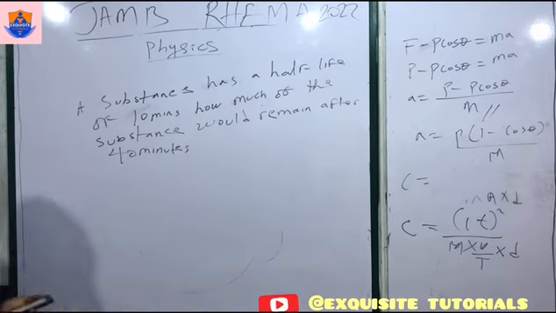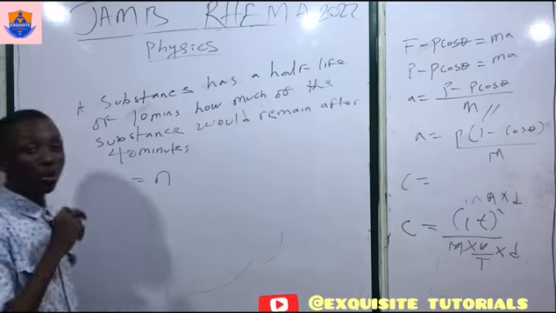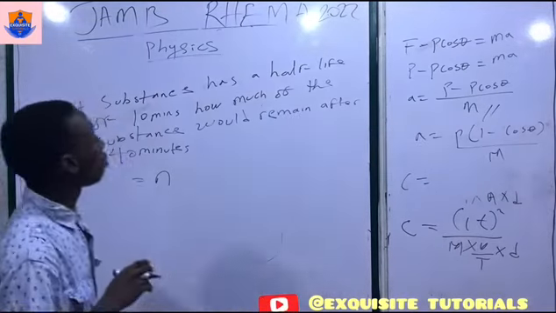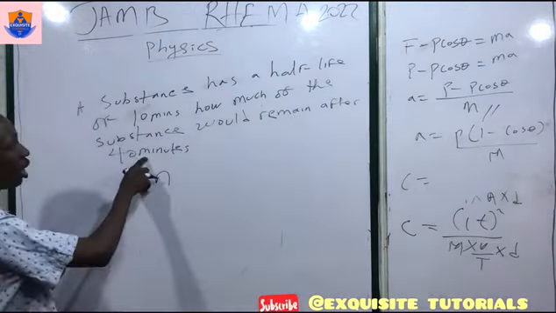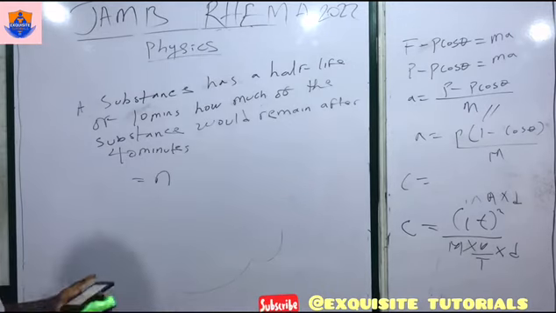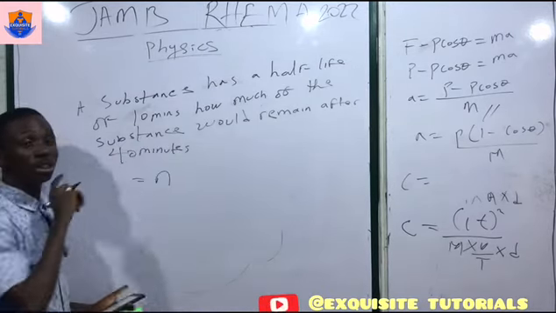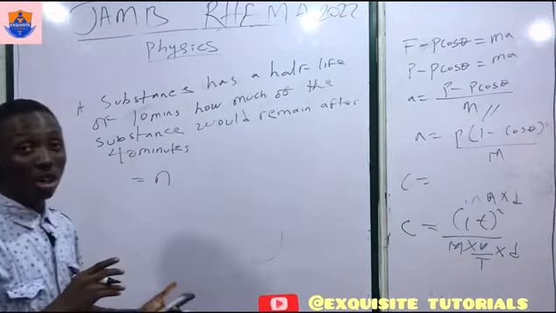Okay, now let's take this question. Let's take the initial substance to be equal to n. They said, how much of the substance will remain after 40 minutes? And they said the half-life of the substance is equal to what? 10 minutes. Now you can go conventionally.